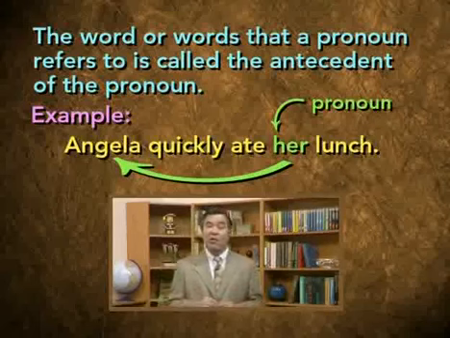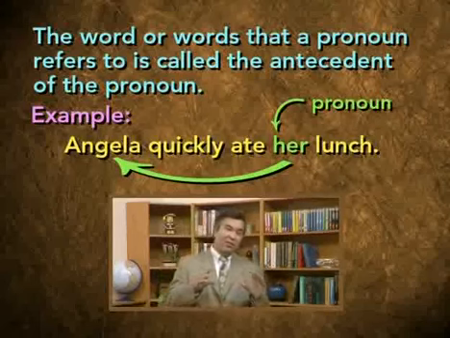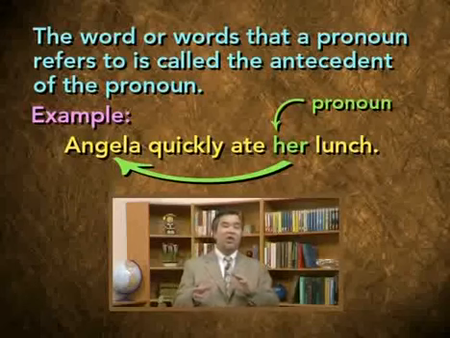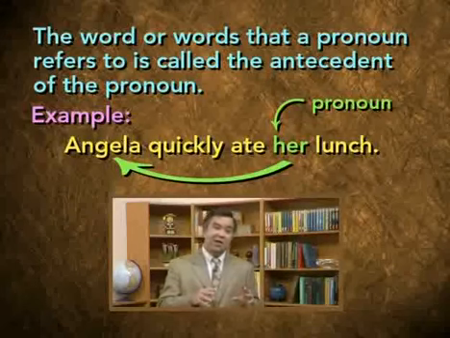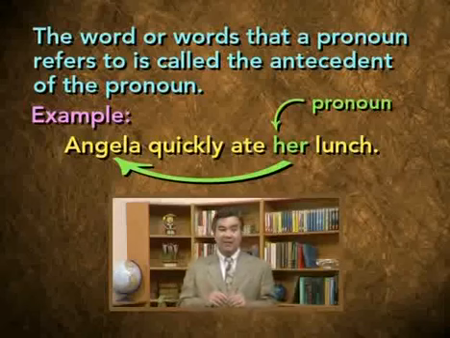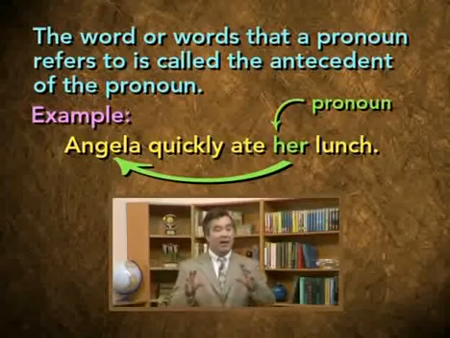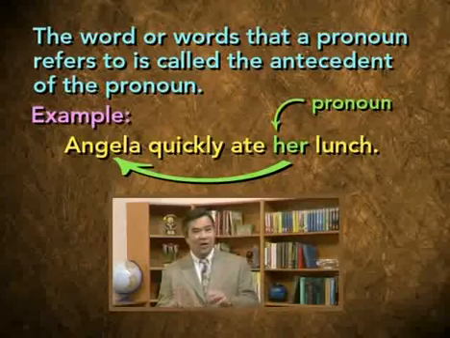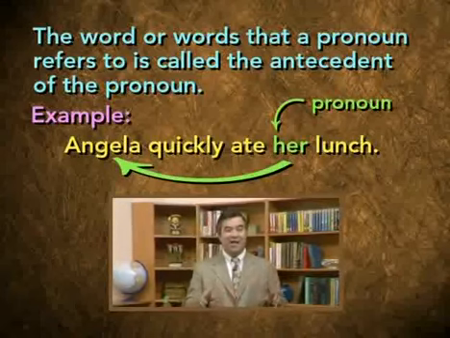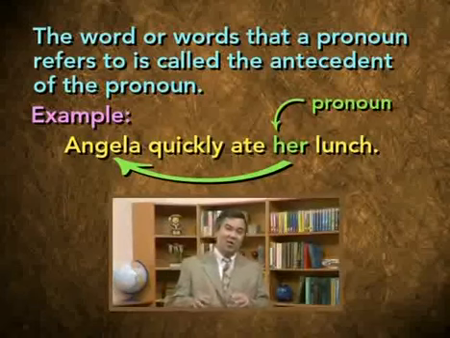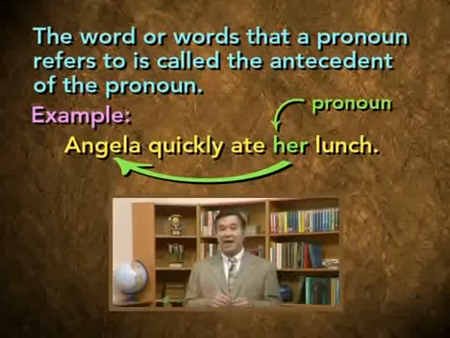It refers to a woman or a girl. So the pronoun and the antecedent in this case have to match in terms of gender, that is, in terms of male or female. And in the special program all about pronouns, we'll talk more about the importance of making sure that a pronoun and its antecedent match in various ways. Gender is one of the ways in which the pronoun and its antecedent have to match.